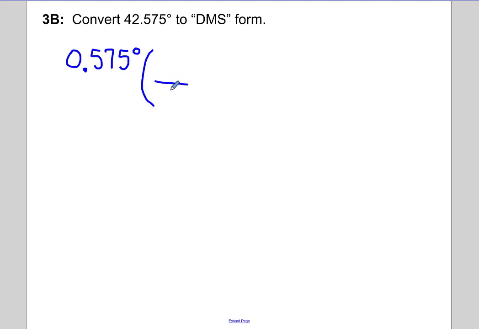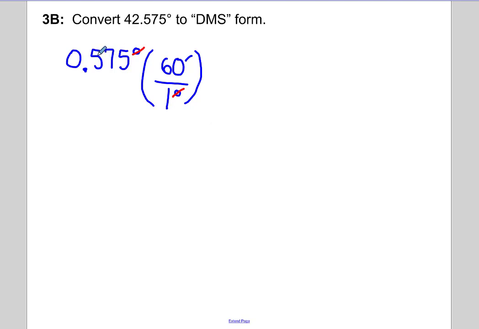So what we said earlier was that 1 degree has 60 minutes. There's 60 minutes in a single degree. And you can tell using dimensional analysis that the degrees are going to cancel.